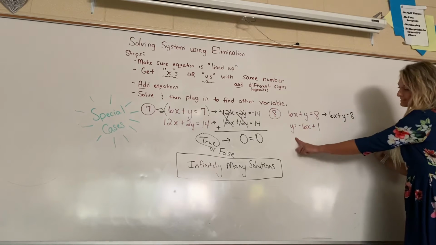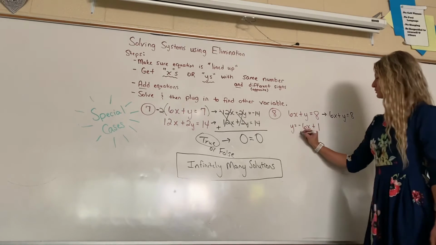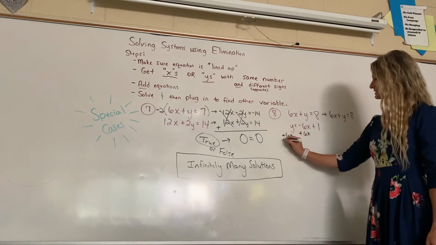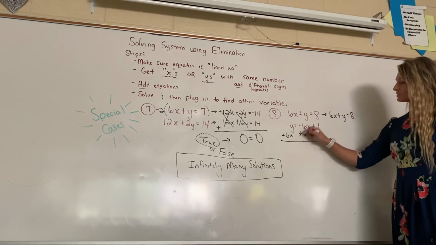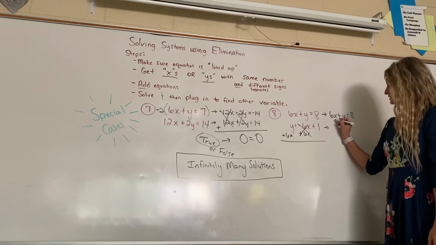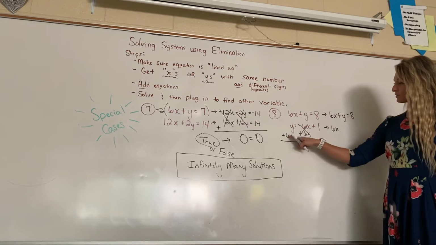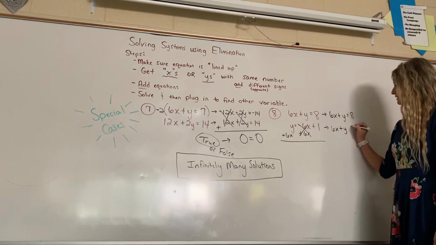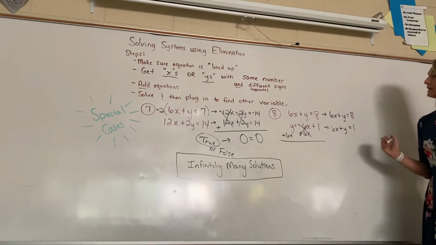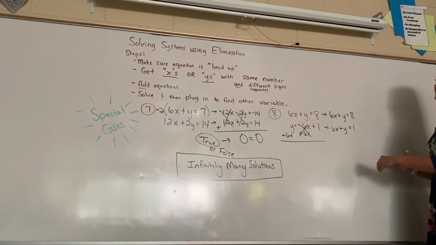But this one isn't, so to get it in standard form, I'm going to add my 6x to the other side so that I get my x's and my y's on the same side. So then these will go away. And then I'm going to write it over here. So I get 6x in front plus y equals, and then my 1 is on the other side. Okay, so now I have everything lined up.